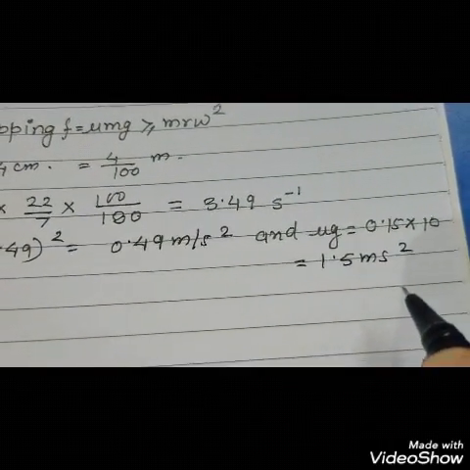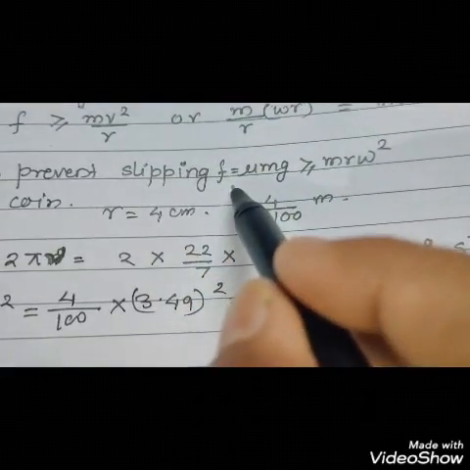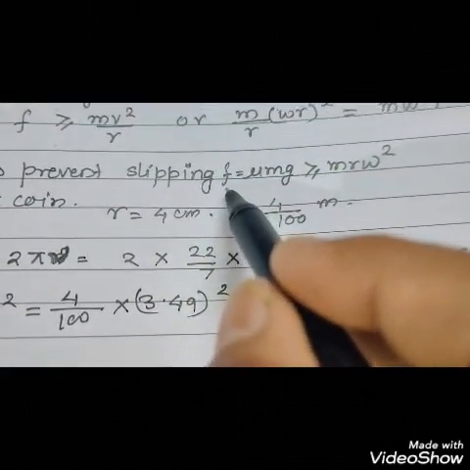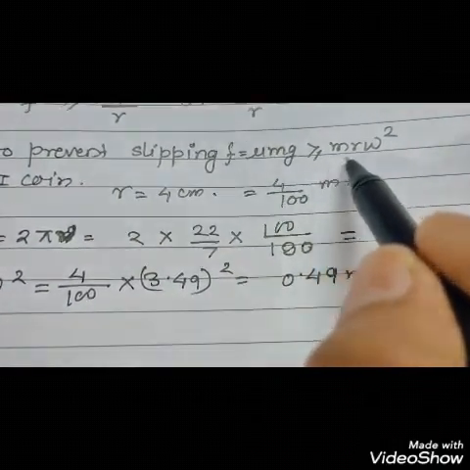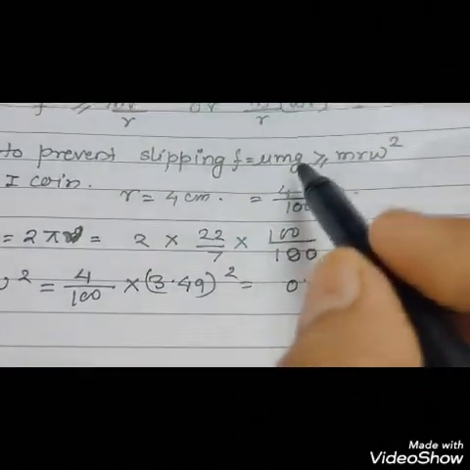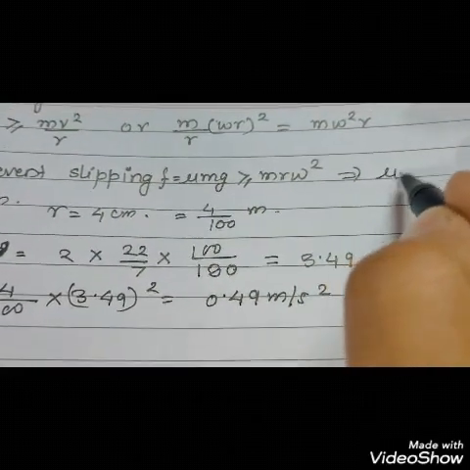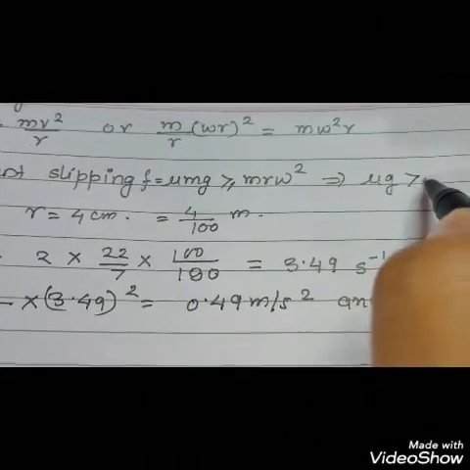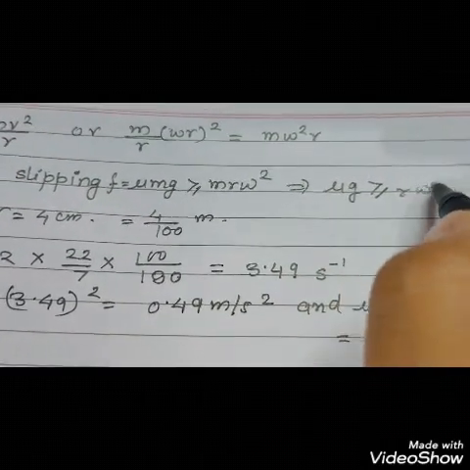To prevent slipping, mu mg must be greater than or equal to m R omega square. M would be cancelled, so mu g must be equal to or greater than R omega square.